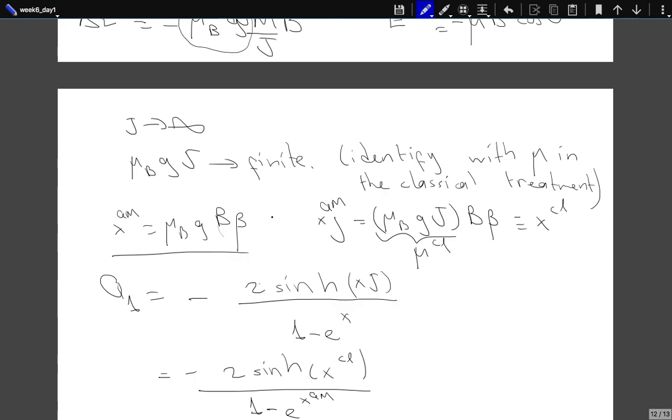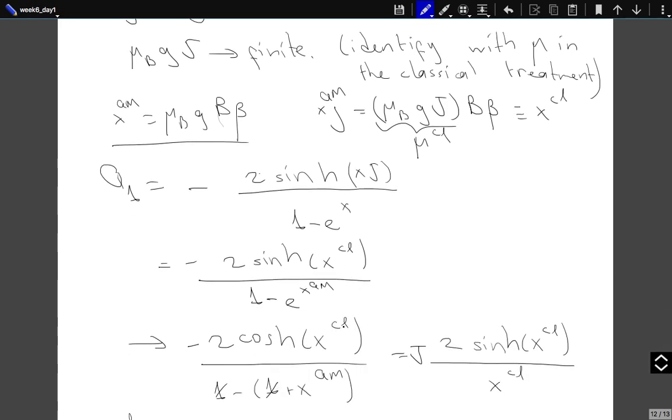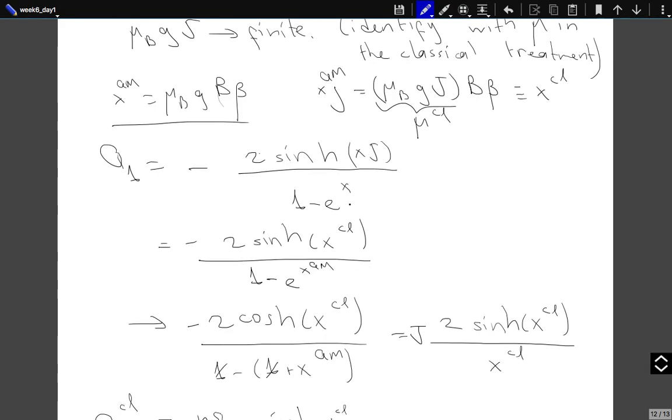You see, at high temperatures, beta is small, X is small. What we had done over there was basically two things. We said that X is small here, and that this is constant. So if X is small, I can make an expansion over here.